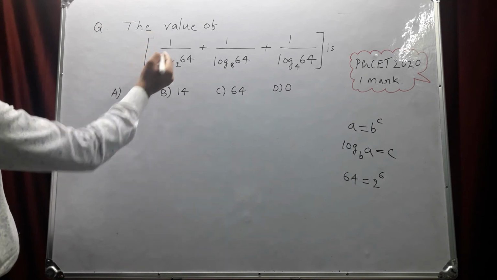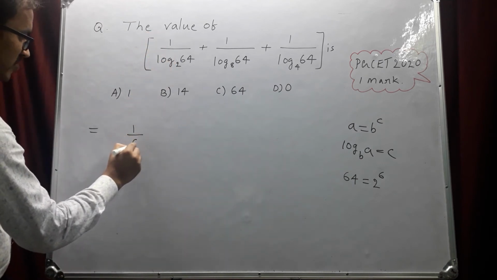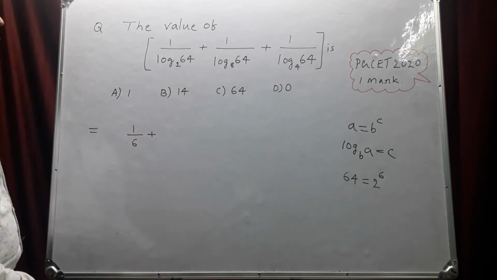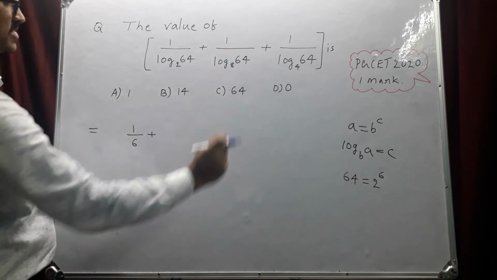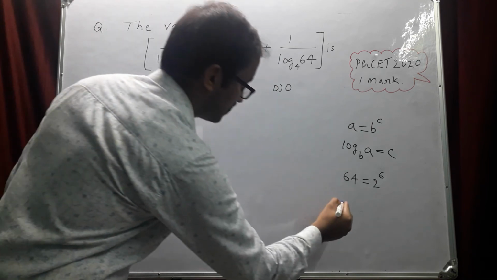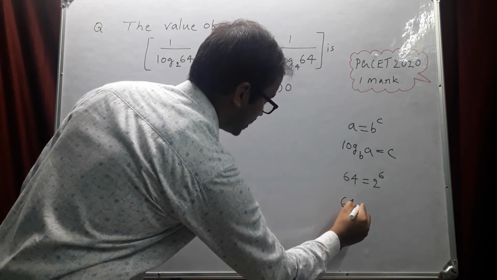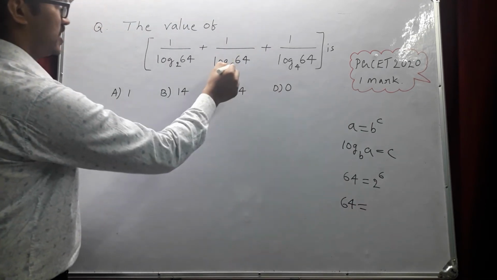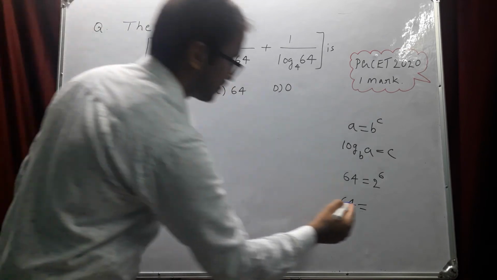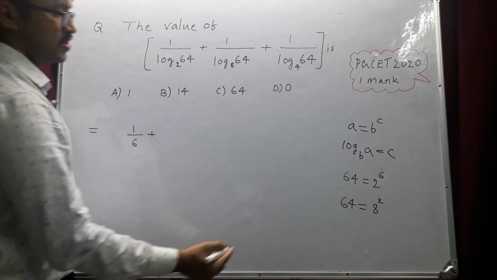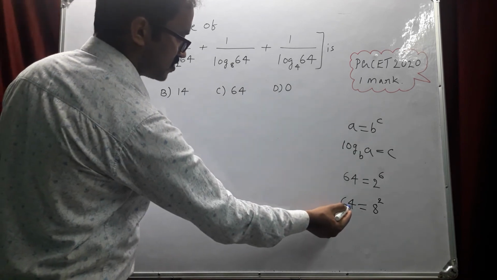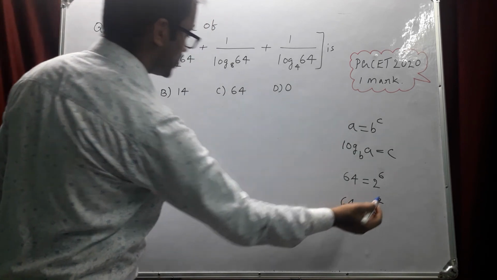So 1 by this value is 1 by 6, plus here log 64 to the base 8. We should write 64 in the powers of 8, so we can write it as 8 square. So log 64 to the base 8 becomes 2.